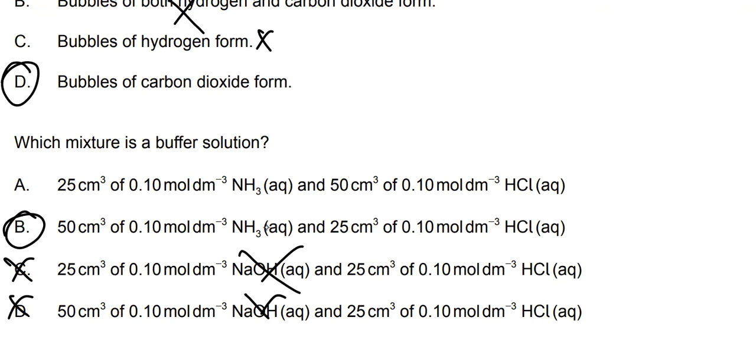So this is going to partially neutralize the ammonia, and we're going to have a buffer system in place, whereas this one's going to fully neutralize. So A is incorrect.